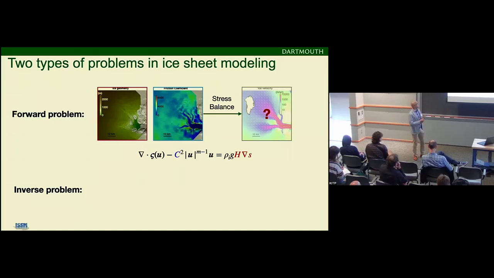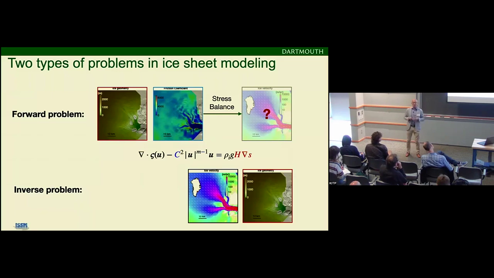So the inverse problem is basically using the observed ice geometry and the observed ice velocity, we solve the inverse of the stress balance, which is basically we construct an inverse problem using an adjoint method, and then we minimize the mismatch between the observation and the model and try to find the optimal parameter which matches the observation.